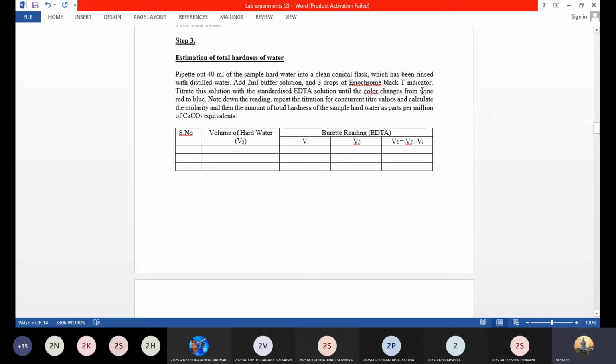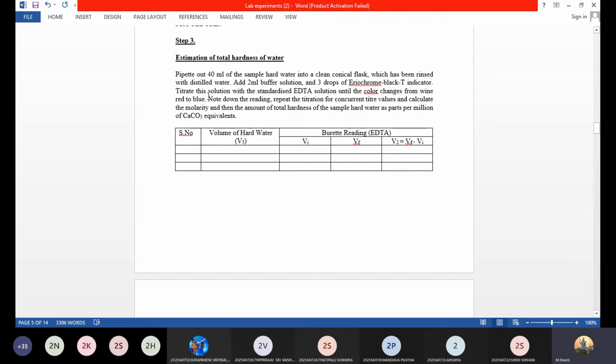What do I need to do at this point of time? Again, we need to titrate. Yes, very good. So again, we have to add EDTA from the burette.